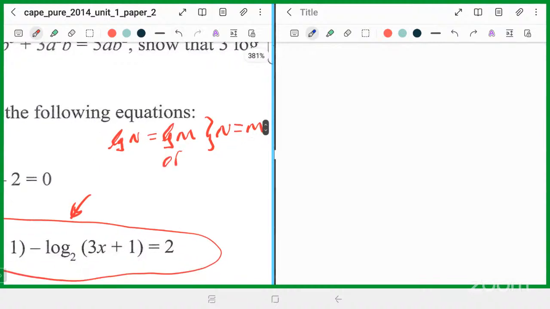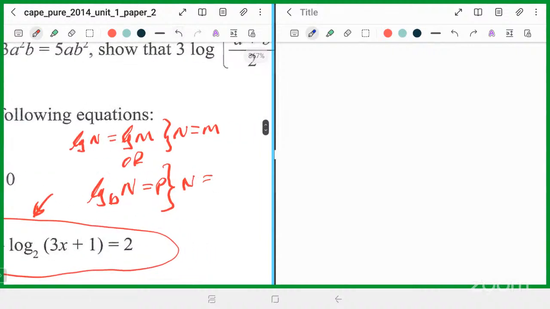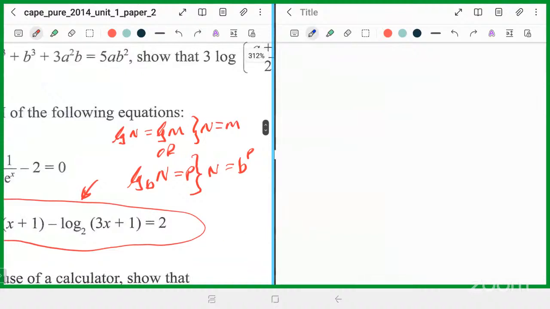Or you want to reduce it to the log of a number to a base is equal to some power. And if that is the case, this would mean that this number n is equal to this base raised to that power p. You just have to know it. So you want to bring this equation to either this format, so you can get to this and solve this, or to this format, so you can get to that and solve that.